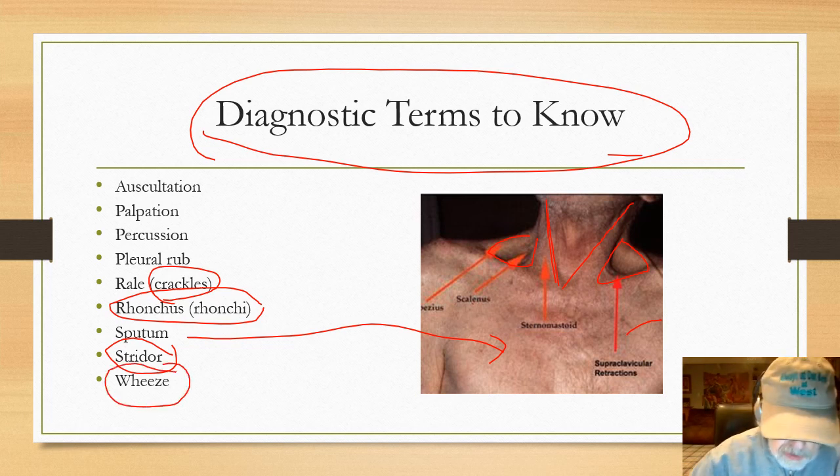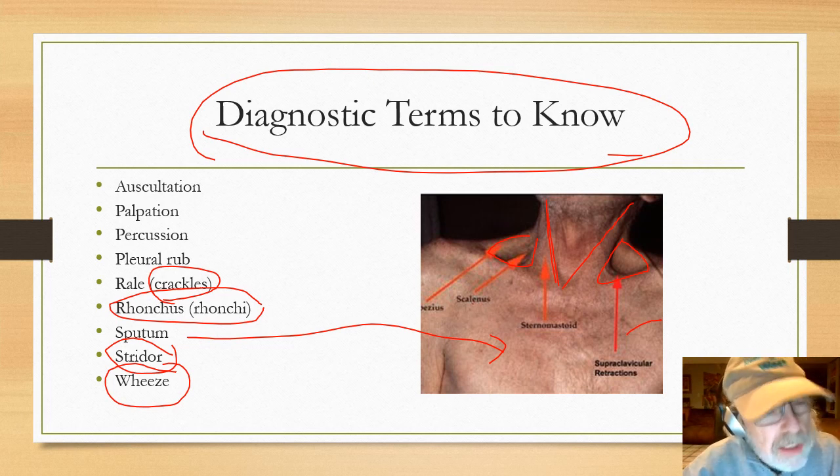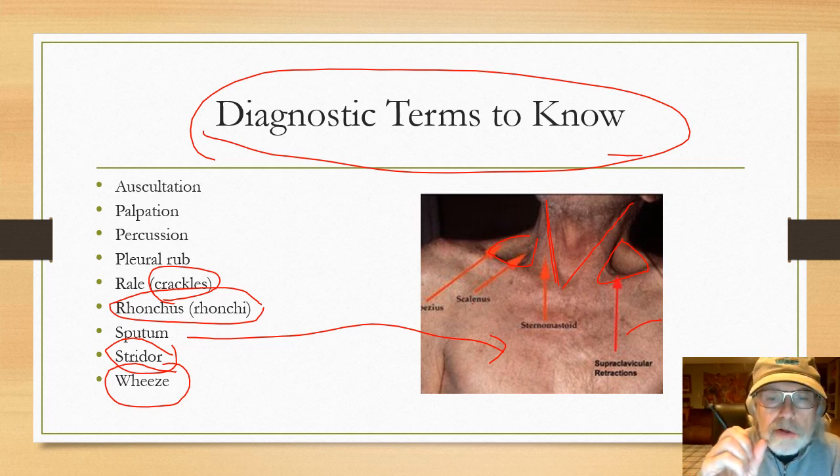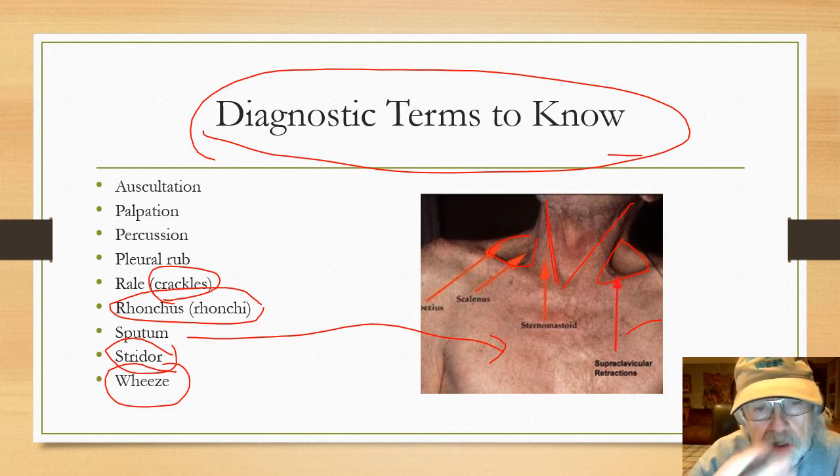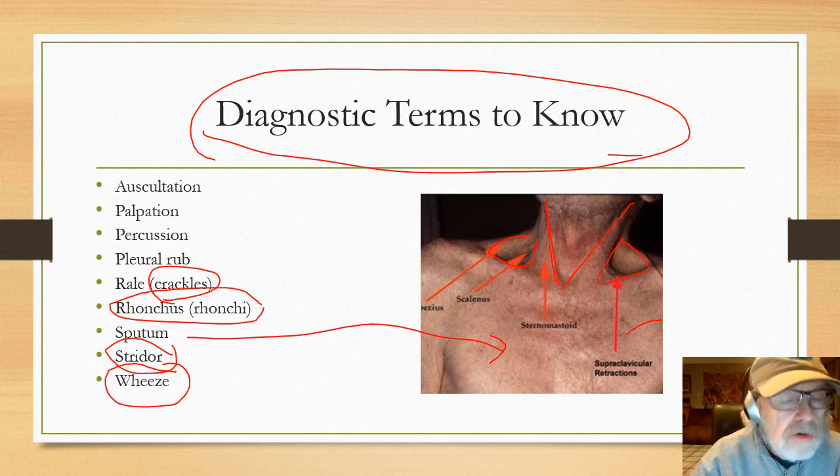A wheeze is a situation where there are small little squeaks that we hear, usually because the airways are partially blocked, either by fluid or they're narrowed down. Those bronchioles with the muscles start to narrow down, and you'll hear somebody with asthma wheeze. At the end of their expiration you hear that little squeak at the very end, and you'll hear this not just audibly when you listen to them externally, but quite prominently with a stethoscope.